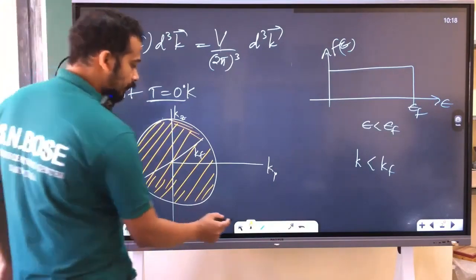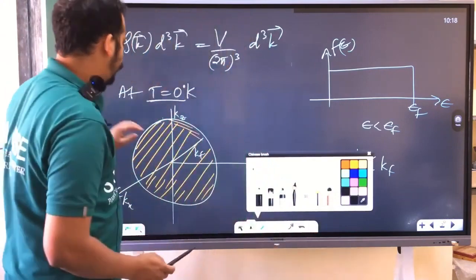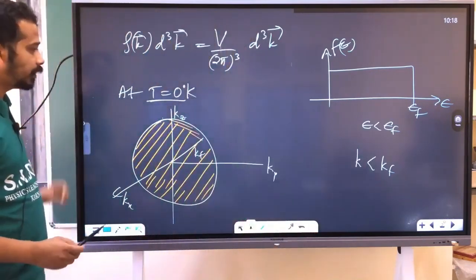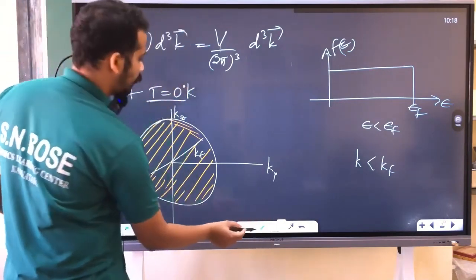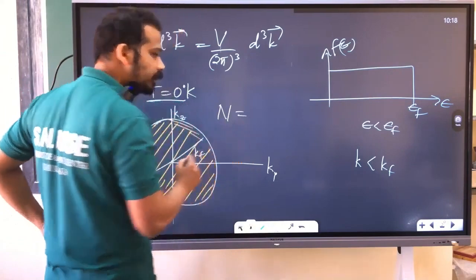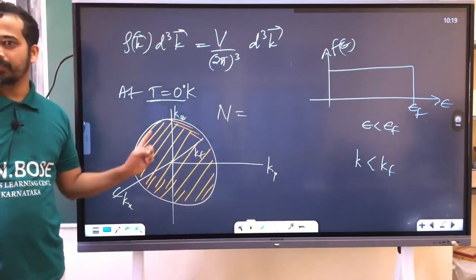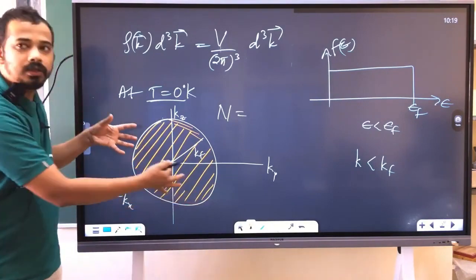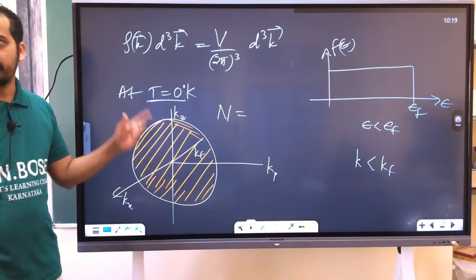So what you can do is to find the number of particles directly here. See this one carefully. The number of particles is nothing but the number of states within this sphere, because all particles are within this one, and all of the states are completely filled at t equal to 0 Kelvin.